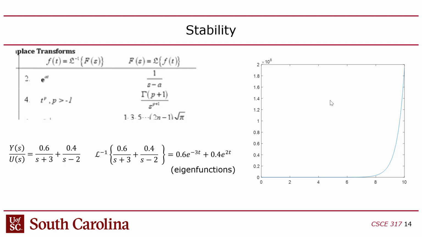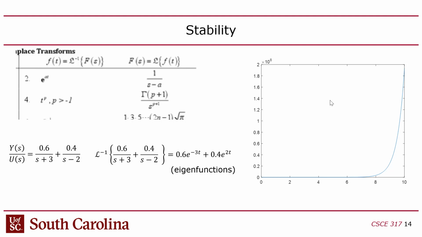Now you might say, okay, but what if I want a step response? What do I do then? Well, then you have to do more work, right? The impulse response is given to you for free by simply calculating the inverse Laplace transform of the raw transfer function, okay?